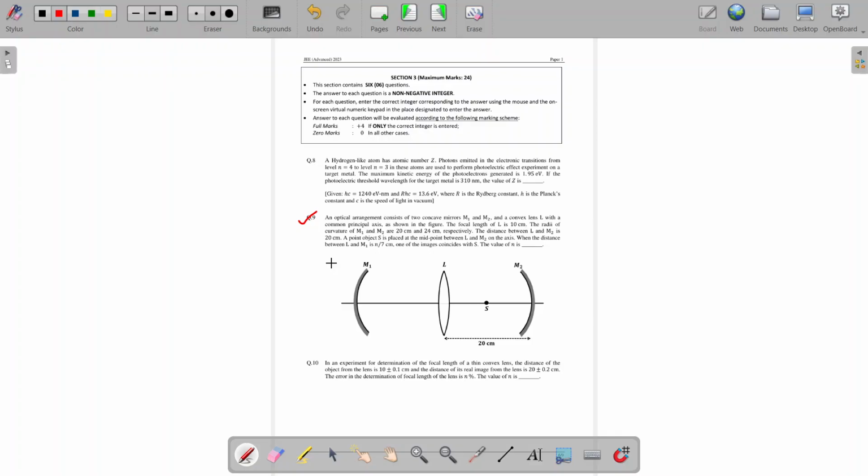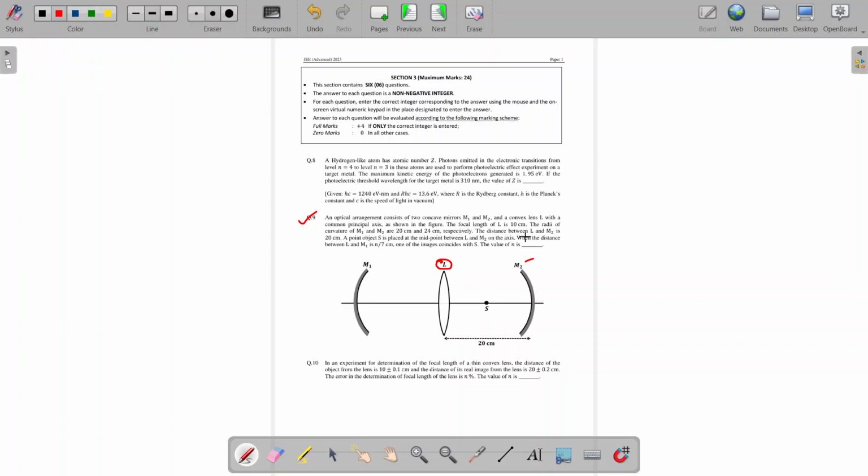The radii of curvature of mirror 2 is 24, and the focal length of the lens is 10 centimeter. Now an object is placed right in the middle of L and M2. As you can see in this figure, between the lens and the second mirror, we have placed an object. So it is placed at 10 centimeter distance.